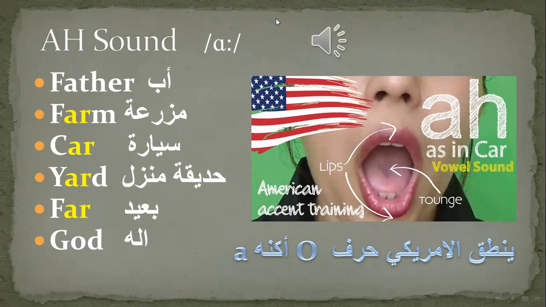So the vowels of English are the following. Vowels. The vowels are independent. All right, let me just switch the screen. Vowels, English.